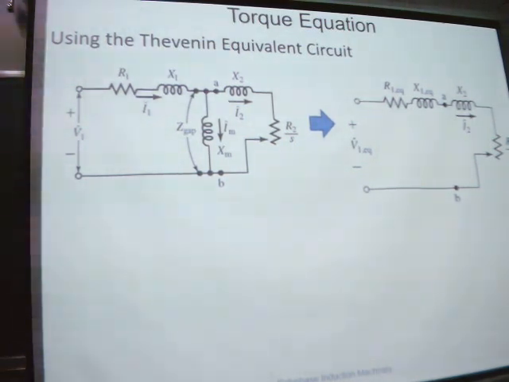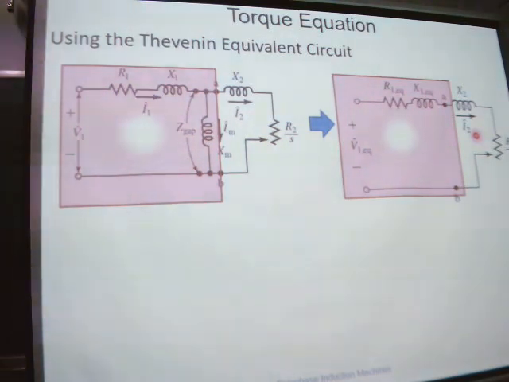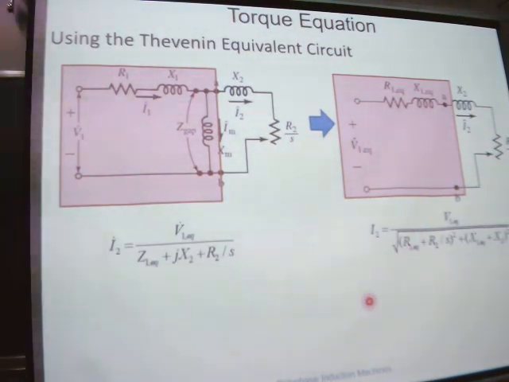So we are going to see how to find the torque equation of the induction motor using the Thevenin equivalent circuit. According to the Thevenin equivalent circuit, the rotor current I2 is determined by this equation.